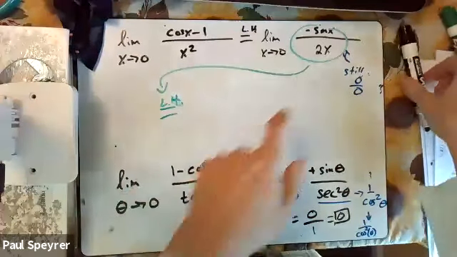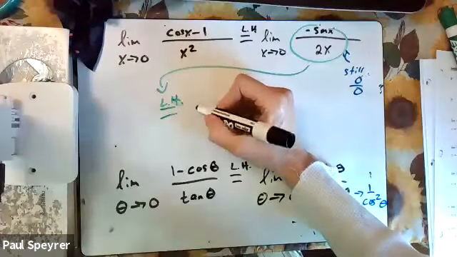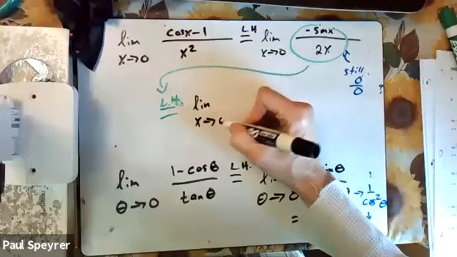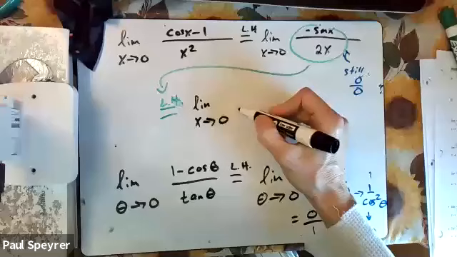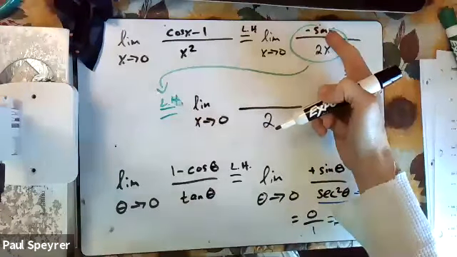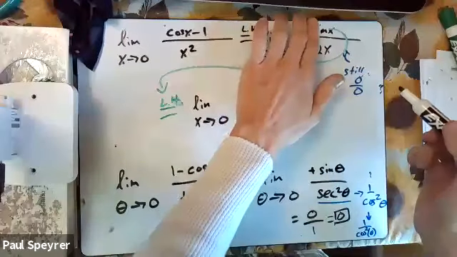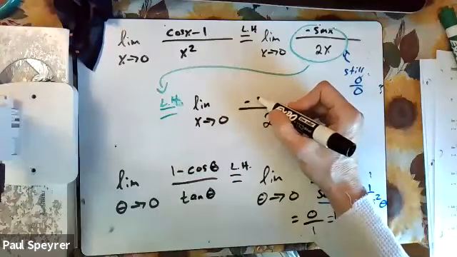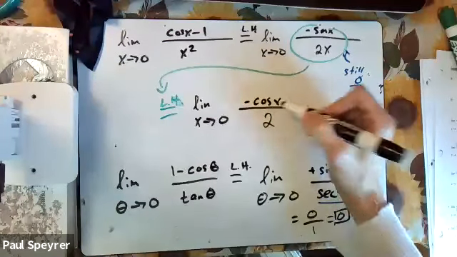So if I L'Hopital this one, the limit doesn't change. It's still the limit as x approaches 0, okay? Because that's what we were initially being asked about. What's the derivative of the denominator? 2. What's the derivative of the numerator? Remember, derivative of sine of x is cosine of x, but because there's a negative out there, it's negative cosine of x.